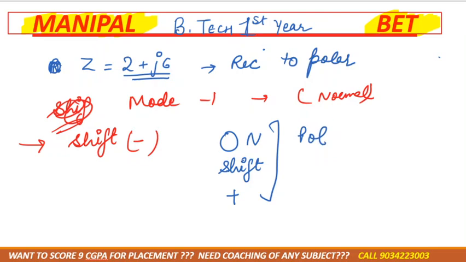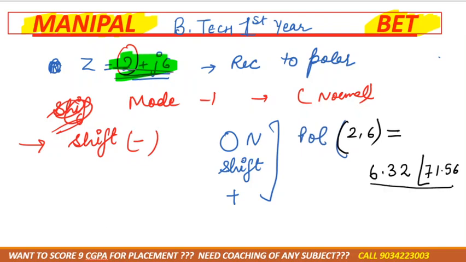Yes or no? So Pol(x, y), where x is how much? Suppose you want to convert this one into polar form. So it would be 2 comma 6 bracket close and equal to. So see, you are getting this value. Whatever value you get, write it in yellow terms in the calculator, that you get by using the shift button.